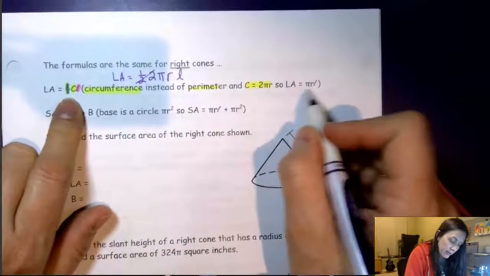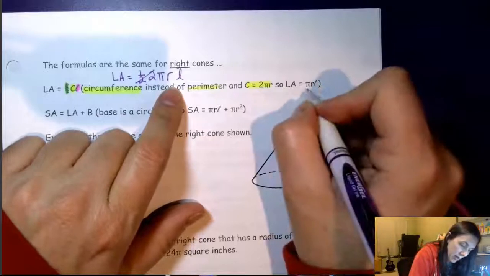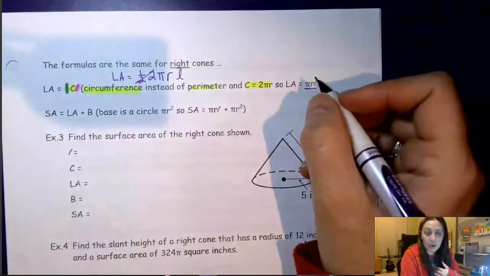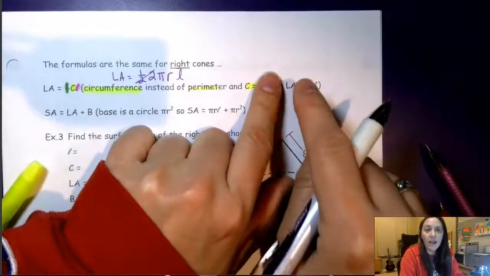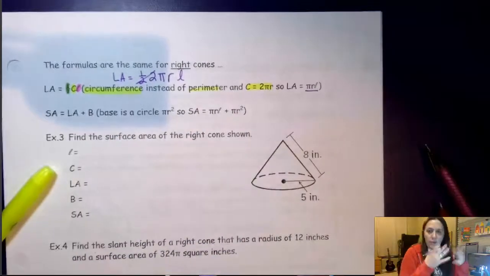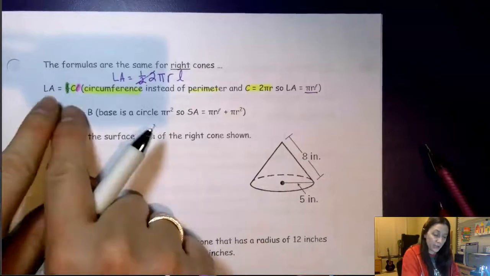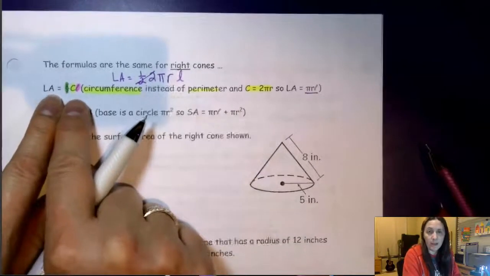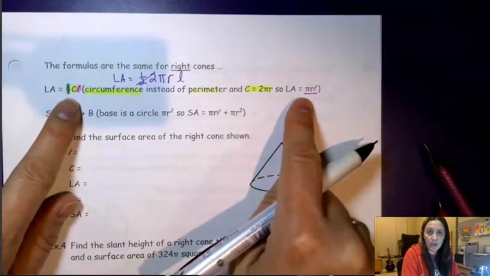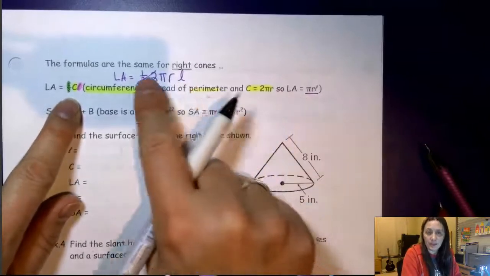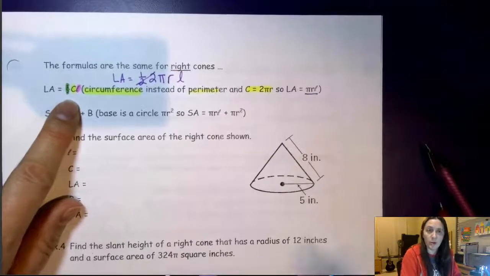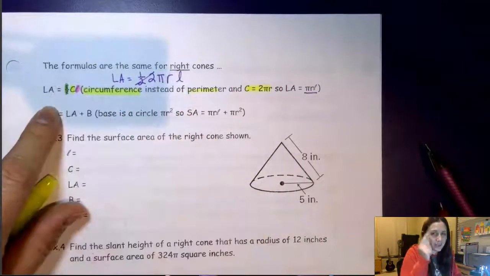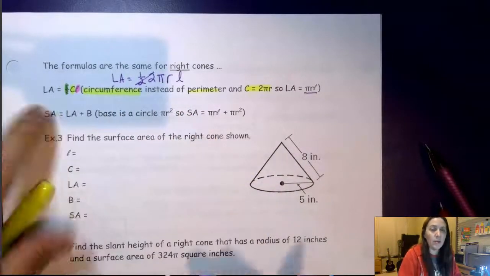So your lateral area here actually is pi r L. I don't like to remember that one. I don't use that because I want to remember that it's half because it's one base. So I do this every time. You can do this, it's the same thing because that 2 and 1/2 are going to cancel. It's up to you what you want to remember and work with. I use this because it makes sense in my head when I'm thinking it through.